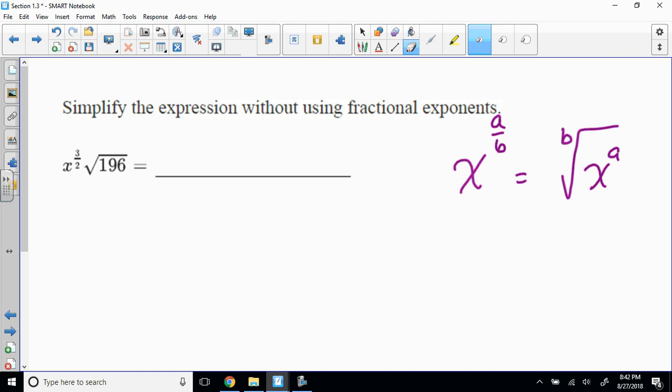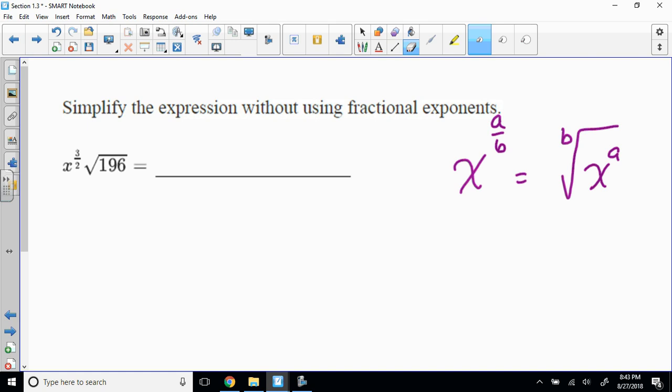So that's why this is cool. Ready? We'll nerd out. This is why when you take the square root of x squared, you get what? x. You know why? Because really this is the square root of x to the 2, so it's 2 over 2. What's 2 over 2? 1.